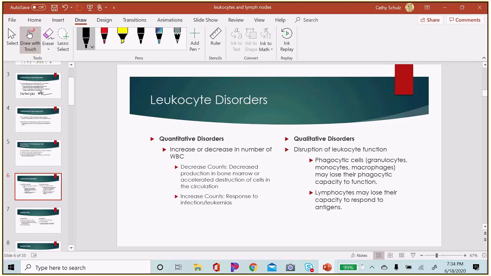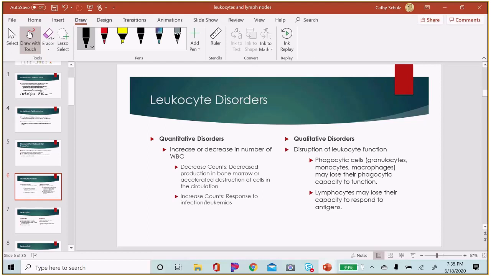Increased counts could be a normal adaptive response to infection, because when those different types of white blood cells are being used, they will send messages to the bone marrow to increase production. So if somebody had an infection, especially along with tissue injury, I would expect the leukocyte count to increase in response to what the body needs.